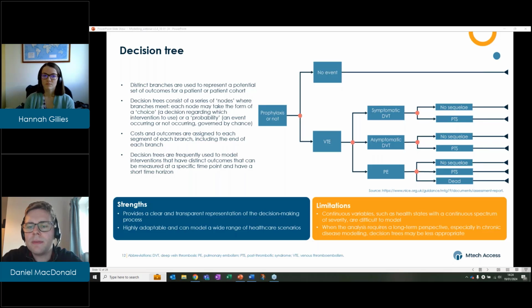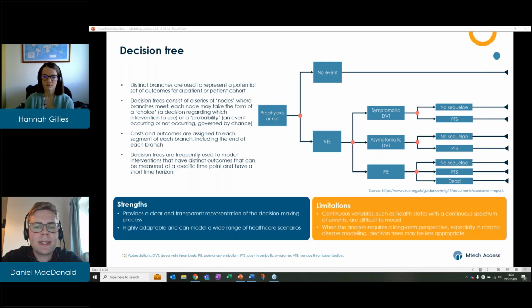These will be denoted by the triangle symbols at the end, at which point you'll accrue a cost and quality, quality representing the health benefit for that specific branch. There are also probabilities assigned to each specific branch. So the probability of a patient, for example, going to either no event or to VTE, the probabilities will sum to 1 in that instance, showing the different options that you have.